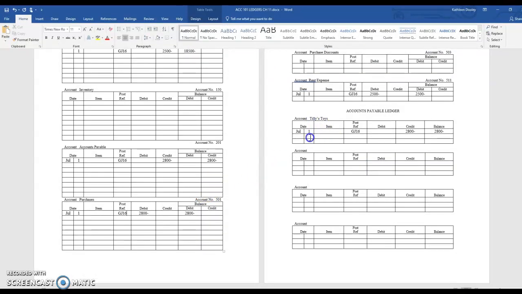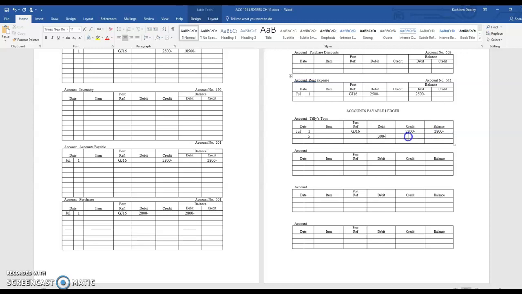Okay, so we go to Tilly's Toys. This is the 5th. This is a debit of $300 that we're copying. And our previous balance was $2,800. We know because this is accounts payable ledger, which has a credit balance, that this 2,800 is a credit balance.